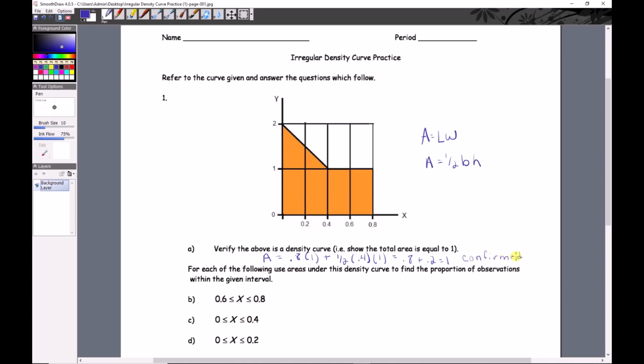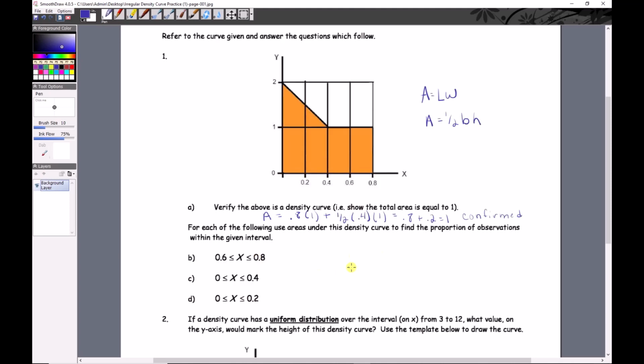So now that we have that, we can start chopping it up and finding proportions of the observations. Let's just say this represents some kind of graph with a distribution for data, and we now know 100% of the data is in here, and we just have to find out the proportion between certain values.